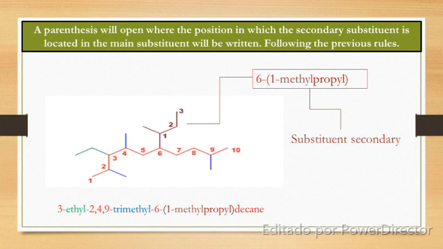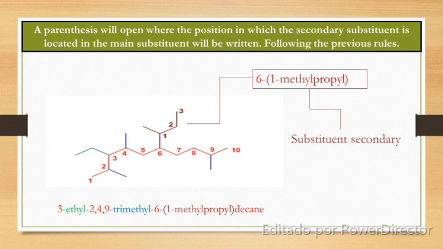For example, in position 6, there is a substituent, propyl, and this has another substituent, methyl. The name of these substituents, according to the above explained, will be the following: 6-(1-methylpropyl).